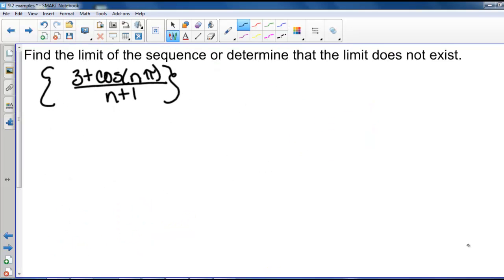We want to find the limit of the sequence 3 plus cosine of n times pi over n plus 1. So we notice that we have a cosine of n times pi, and cosine of n times pi is always between negative 1 and 1 for all n.